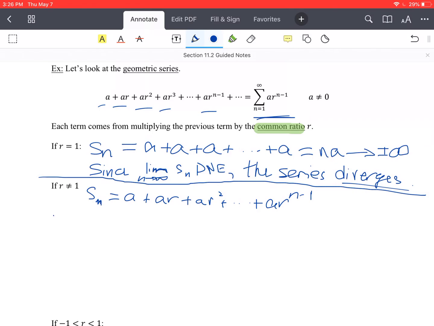So that's S sub n. We're also going to look at r times S sub n. So that's going to be ar plus ar squared plus ar cubed plus etc., etc., etc.